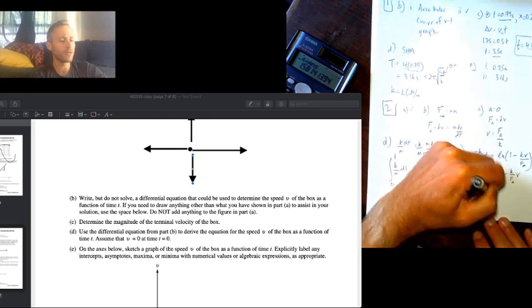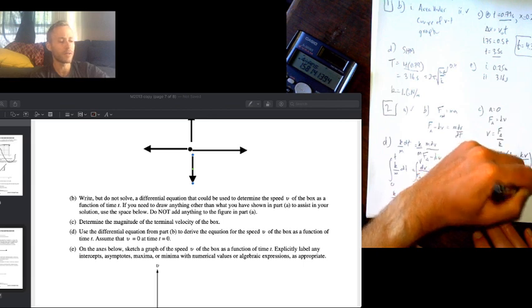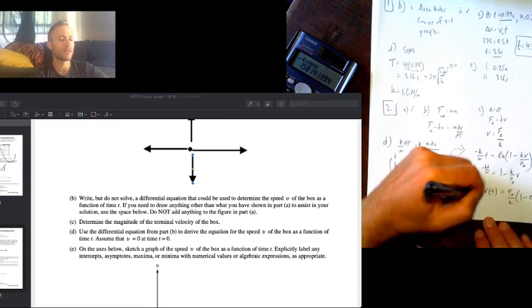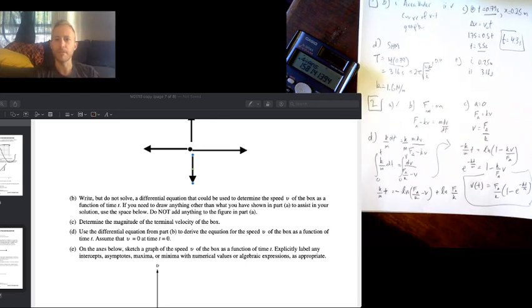So that gives v of t equals F_A over k times (1 minus e to the negative kt over m). There's your answer. That just comes from algebra, solving the differential equation.